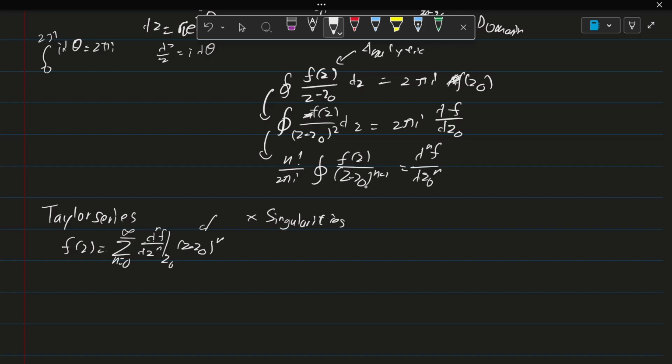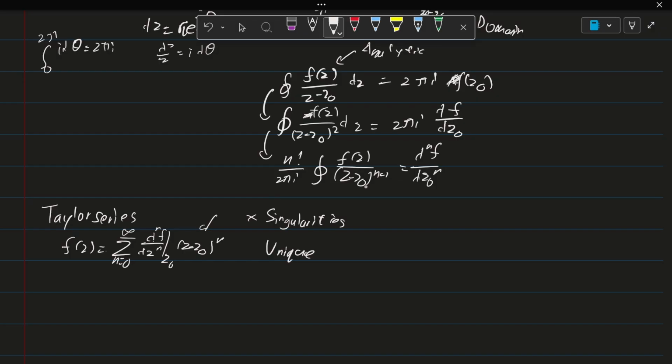You pretty much disregard your singularities. Throughout your entire domain of convergence, it doesn't have any singularities. It is also unique, based on the property of the power series. If you have a different Taylor series, it means that it is a different function.